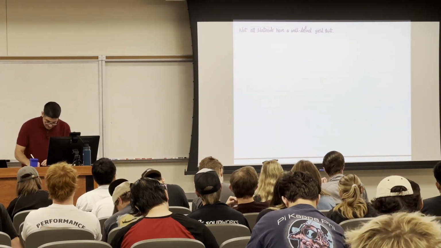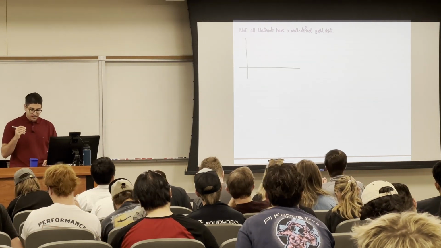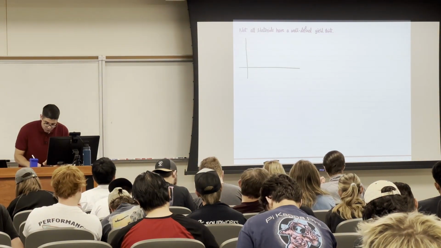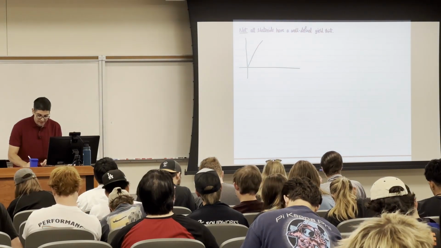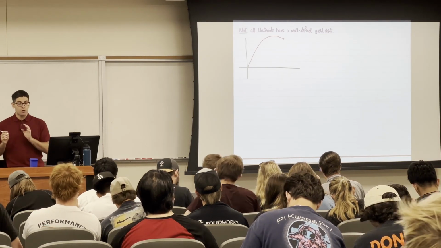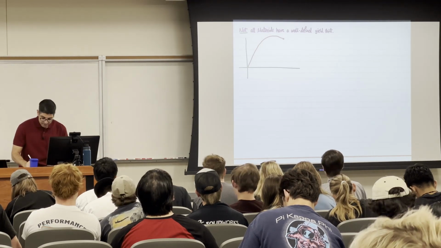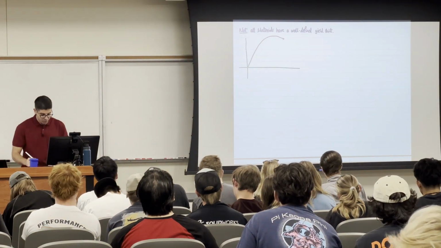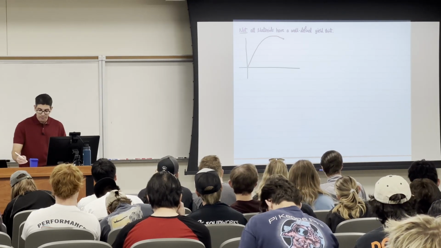Okay. What happens if the material doesn't have a well-defined yield point? What if a material has a stress-strain curve like this? If it's a metal like aluminum, I know that it's going to deform. We will use something called the offset method, which is a graphical method.